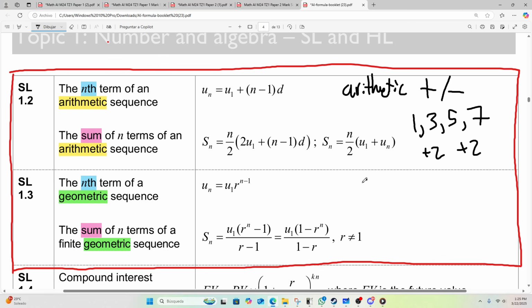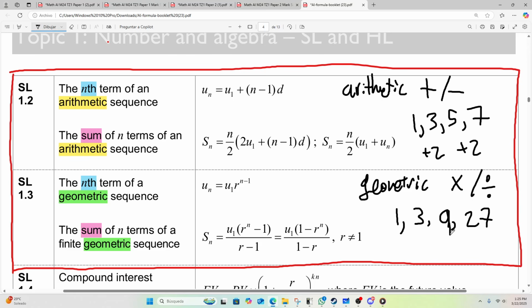While the geometric is something that is either multiplying or dividing. So we can have 1, 3, 9, 27. In this case, instead of plus 2, it's times 3, times 3, times 3.